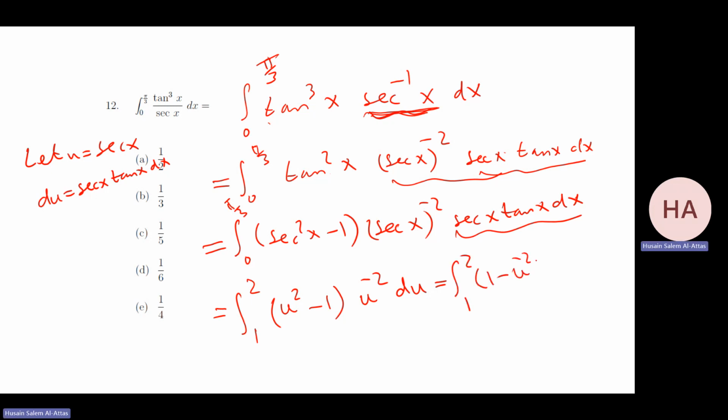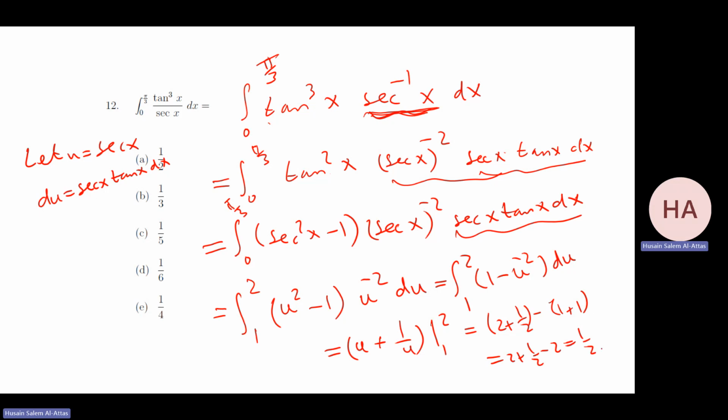Do the integration. That will be u plus 1 over u from 1 to 2. That will be 2 plus half, minus 1 plus 1. So it will be 2 plus half minus 2, which is half. That is the answer.